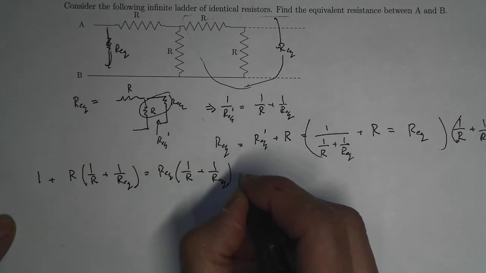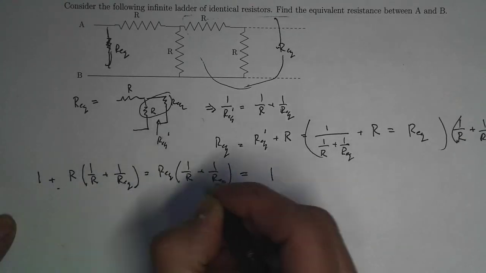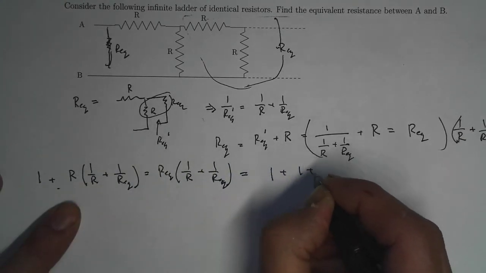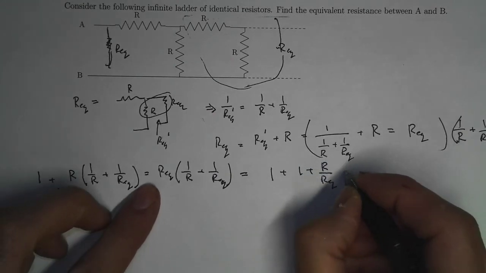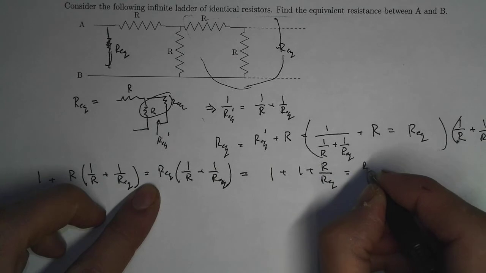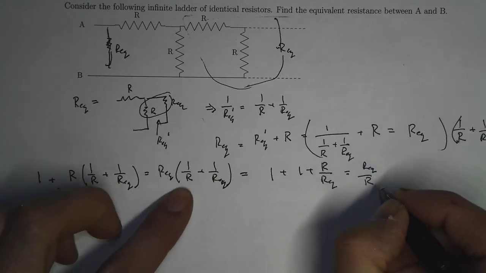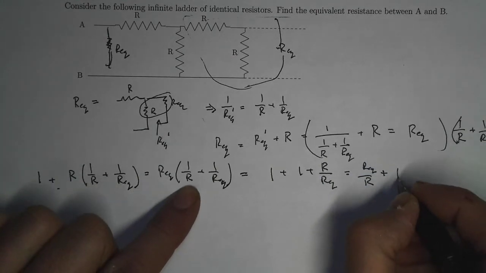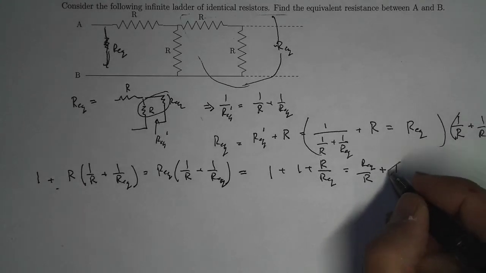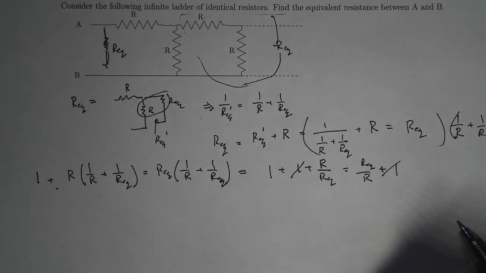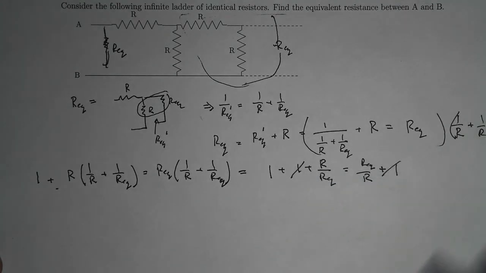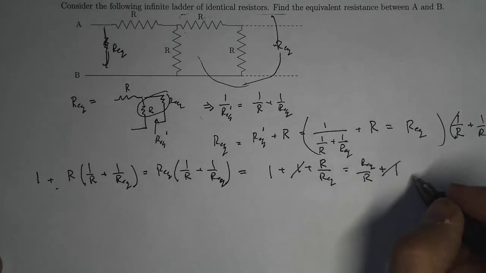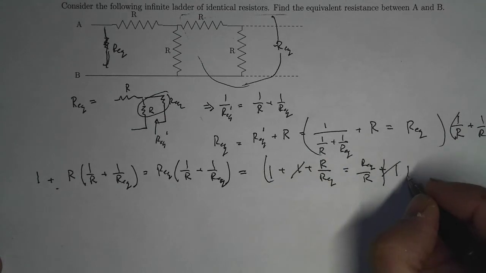So this is going to be 1 plus 1 plus R over REQ is equal to REQ over R plus 1 again. One of these ones is going to cancel out, and then we have to somehow flip this thing. I want to get REQ, so I'm going to multiply this again by REQ.